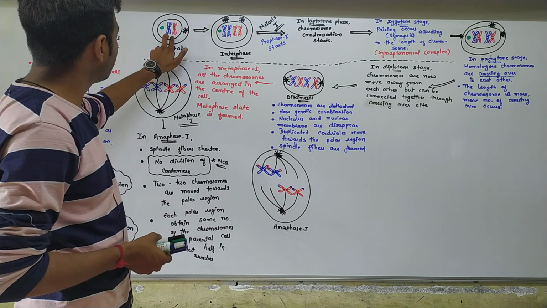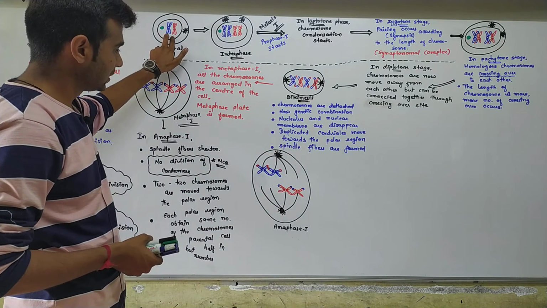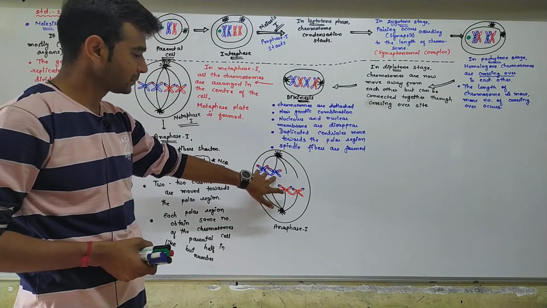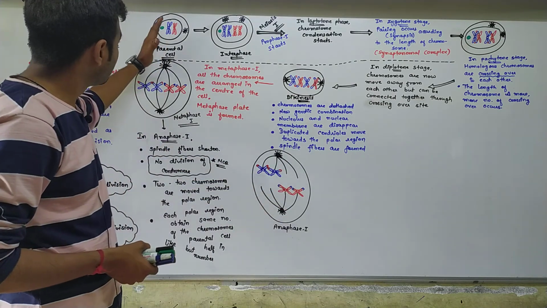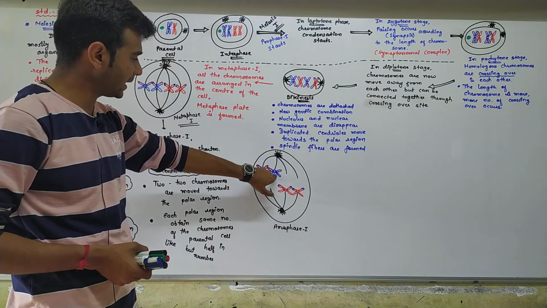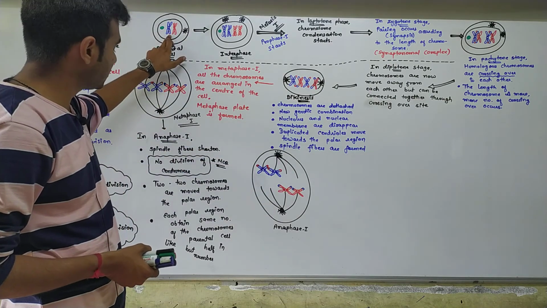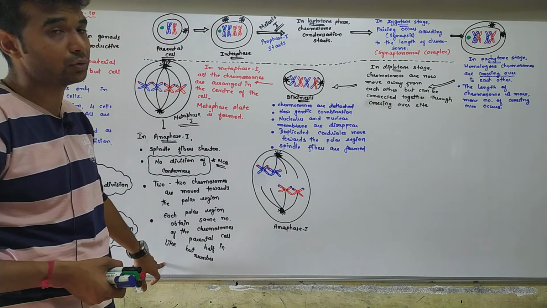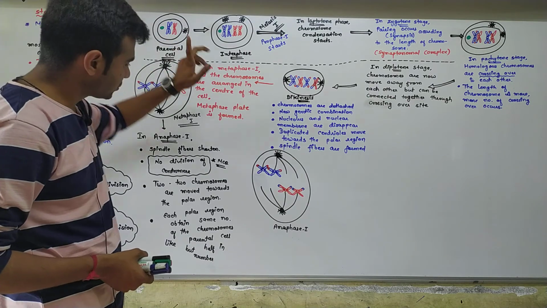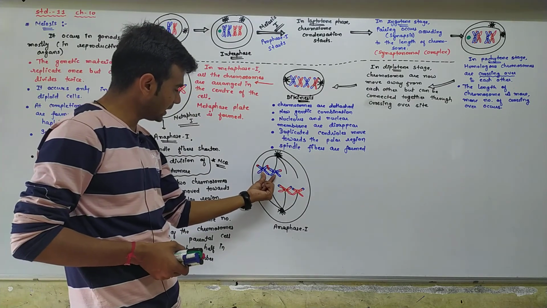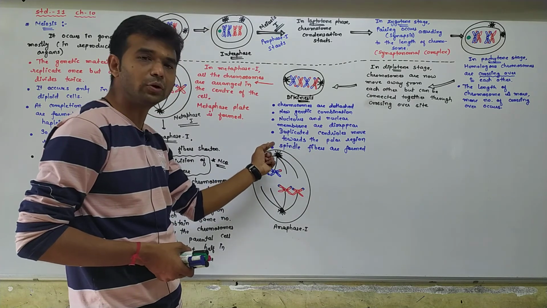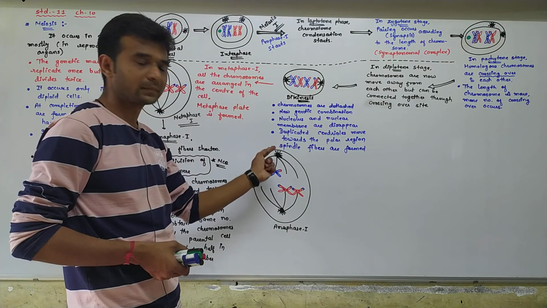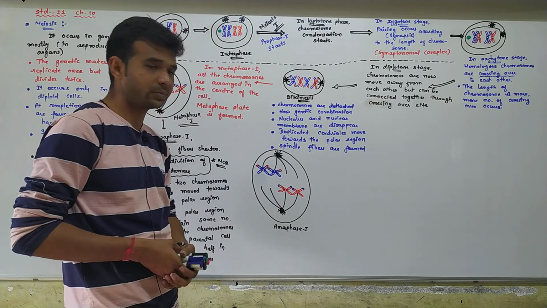See here one red and one blue chromosome are there. But here it is half the number of chromosomes of the parental cell. How? Here all blue is there. So count here only one blue and one red is there.